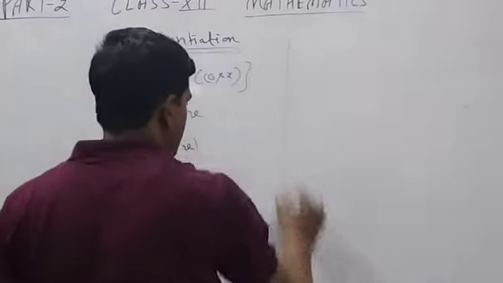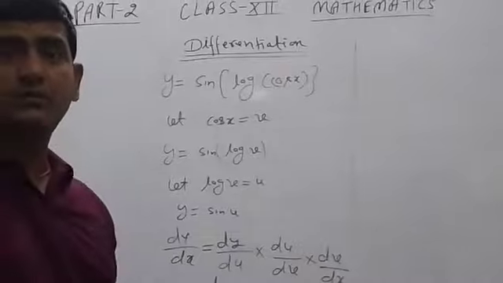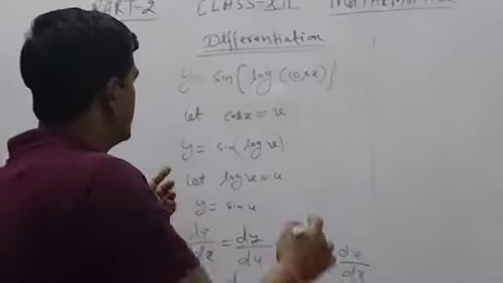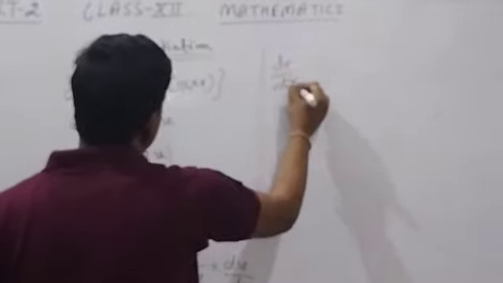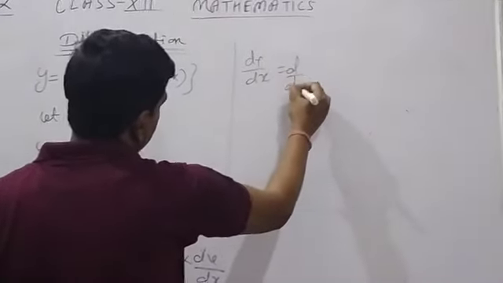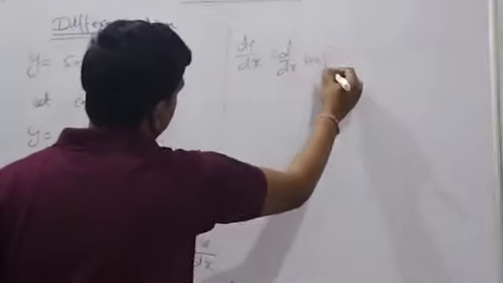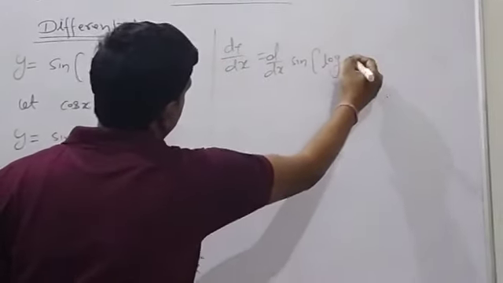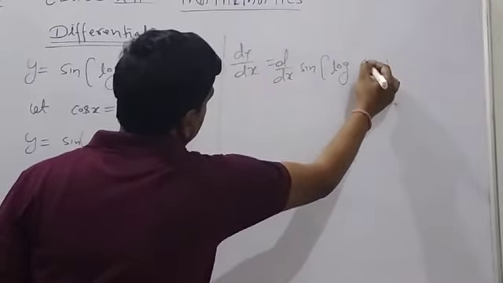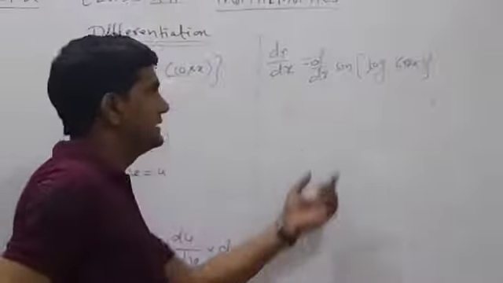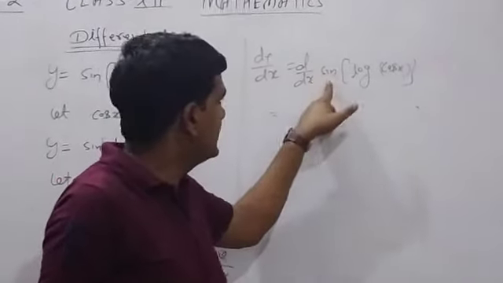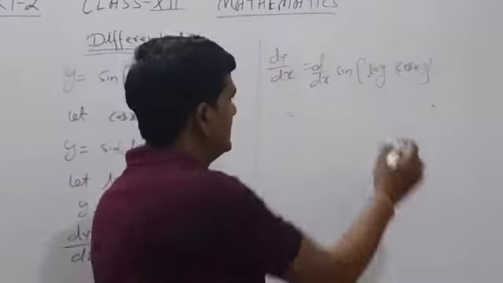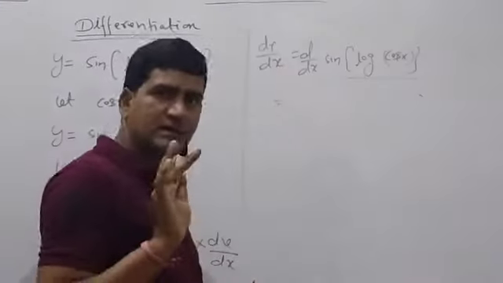Now see this question with the help of the simple formula of outer and inner function. Only very simple here. dy by dx is equal to d by dx of sin of log of cos x. Clear? Here sin is the outer function, the rest is the inner function.